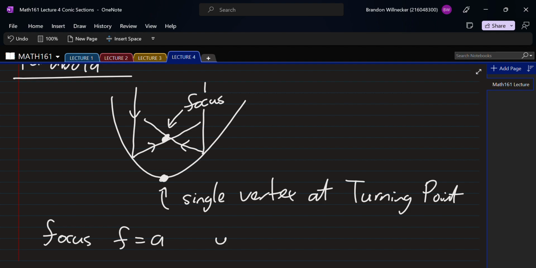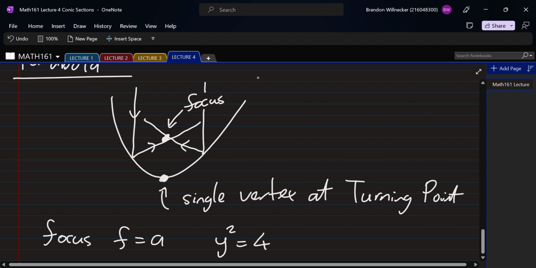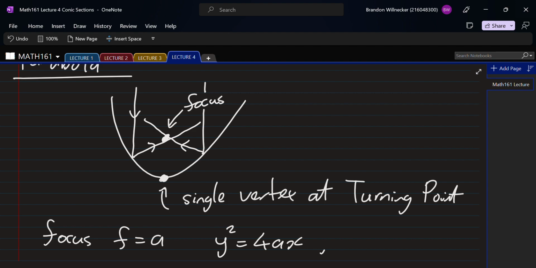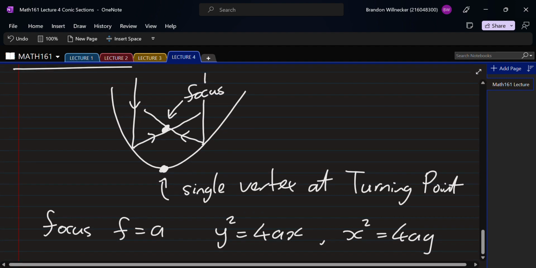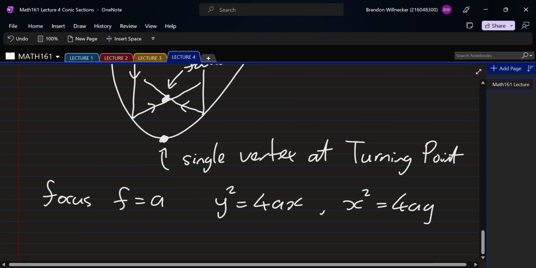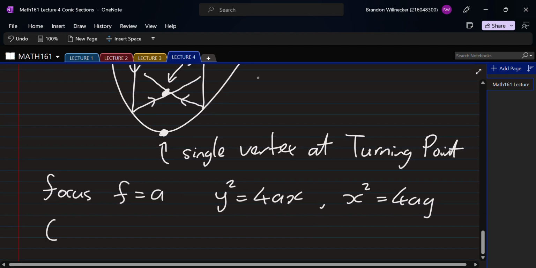Remember, we have y squared is 4ax, or if we view it vertically instead of horizontally, we can write this as x squared is 4ay. That a value gives us the focus.